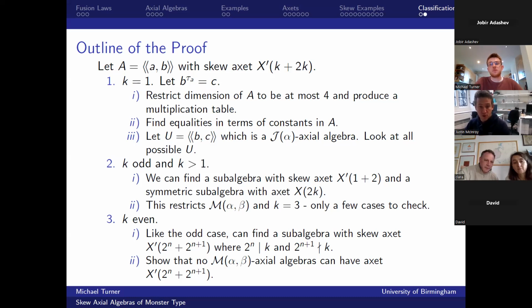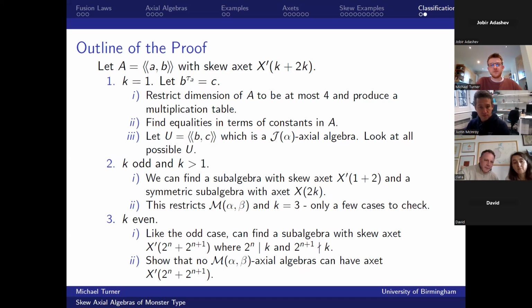So if I gave you a different fusion law, the same sort of proof strategy could work for that. Suppose we know the symmetric two-generated algebras, then this would be a way of going about finding the non-symmetric ones.